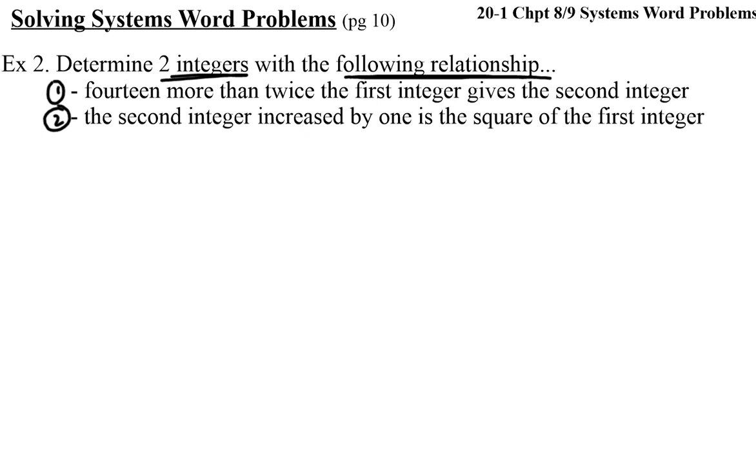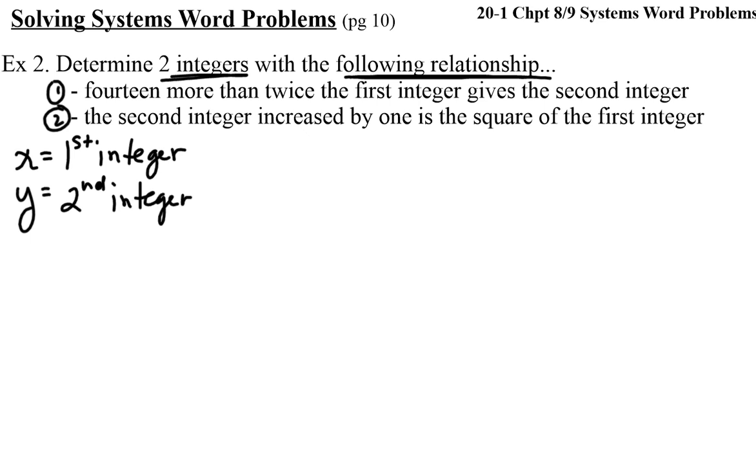But with this situation, it's important to identify unknowns first. We have two integers. It doesn't matter which is which, but I need to be consistent. So I'm going to call x my first integer and y my second integer.